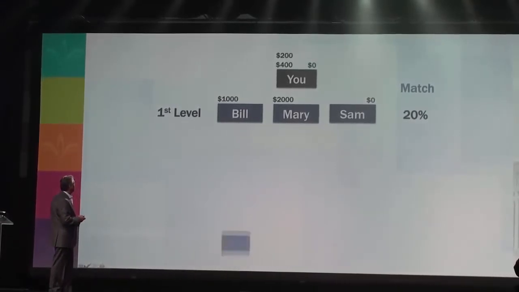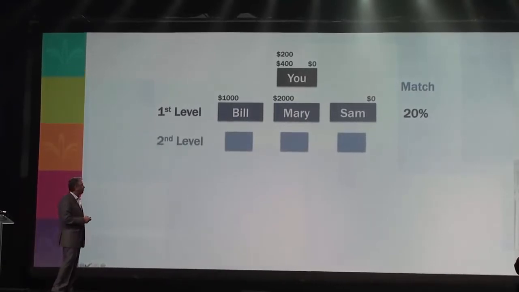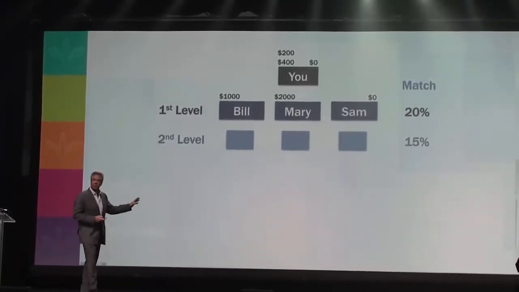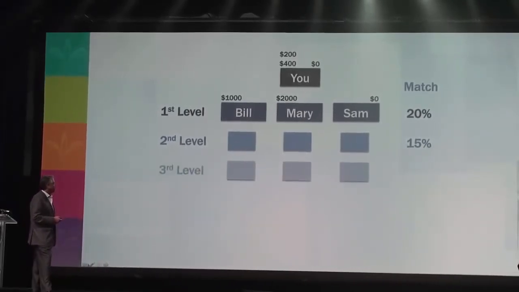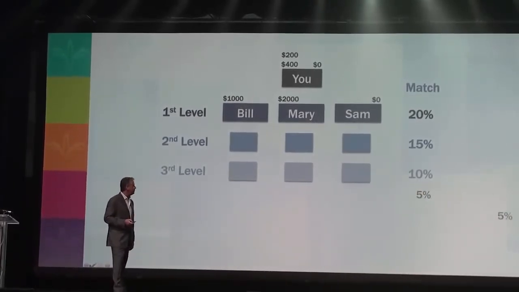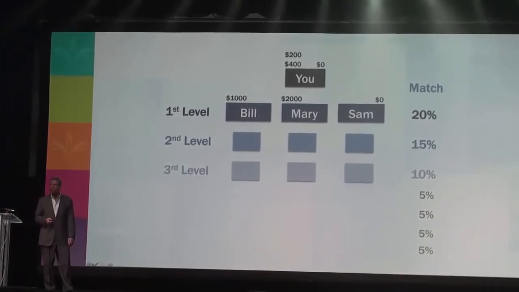But that falls on your second level of match. You get 15% of all their checks every week. Those people are personally introducing people. That falls on your third level of match. You get paid 10% of all their checks every week. The company pays a 7-level matching check bonus program here. Is that incredible or what?